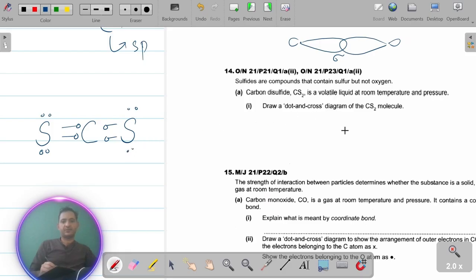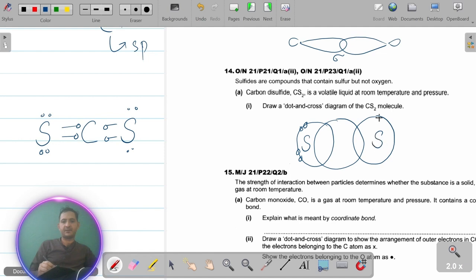So for the dot and cross, I will draw this first carbon, one sulfur and the other sulfur. Now 1, 2, 3, 4 lone pairs of electrons on one sulfur, and on the other sulfur, 1, 2, 3 and 4.